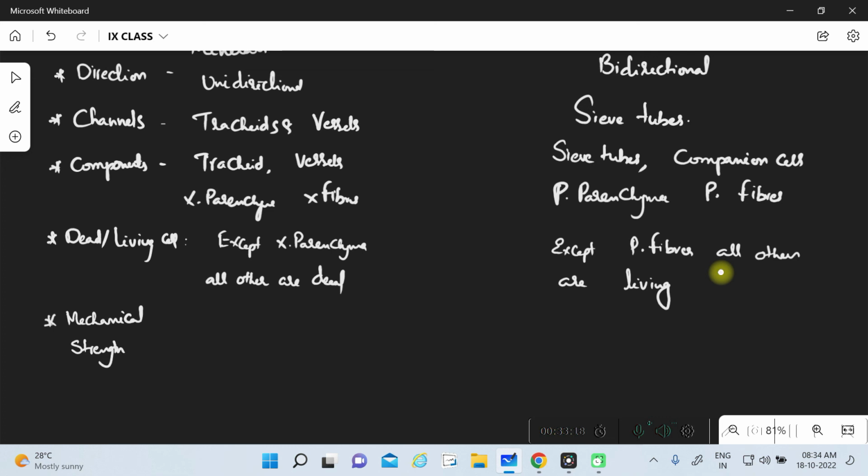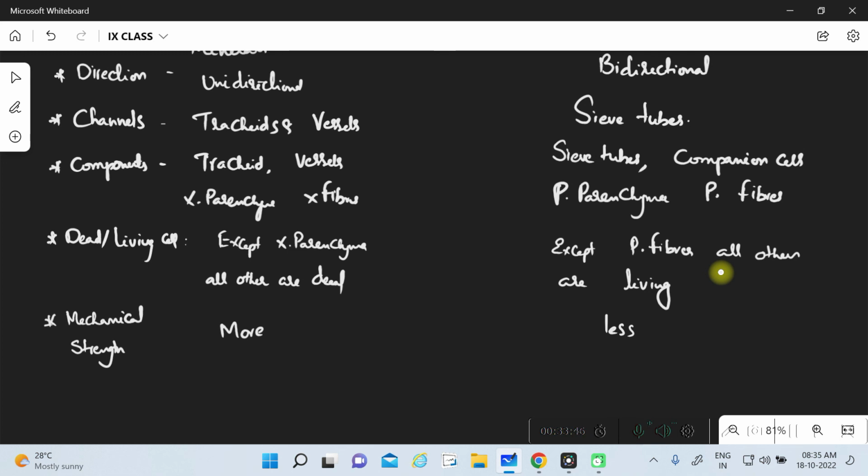In both the tissues, the xylem and phloem, the sclerenchyma provides mechanical support, but the mechanical strength of xylem is more when compared with the phloem. The mechanical strength provided by the phloem tissue to the plant is very less when compared to the xylem.